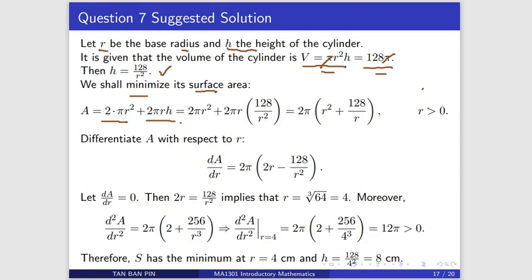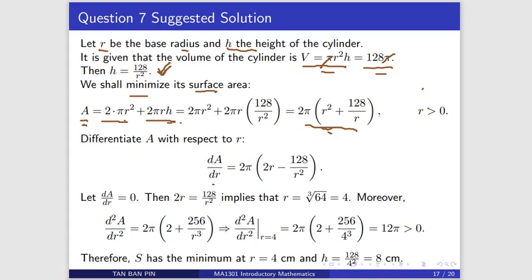Because we want to do differentiation, we must substitute h as 128 over r², so that you get A in terms of r only. To do differentiation, you must express A in one variable only. You want to minimize A, but A is in terms of r and h, so we make use of h equals 128 over r².